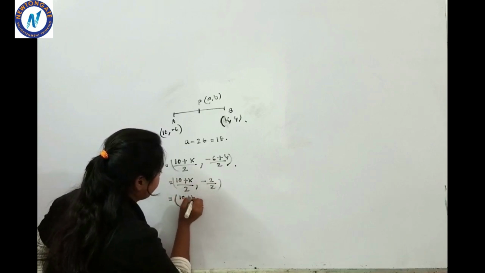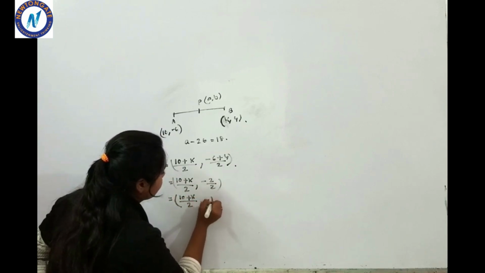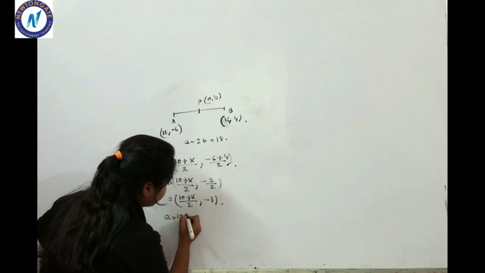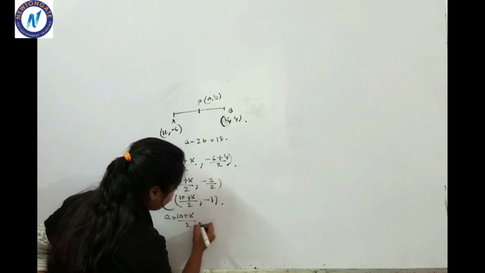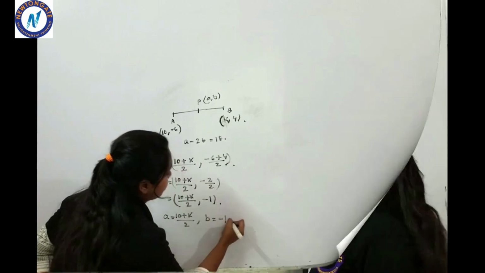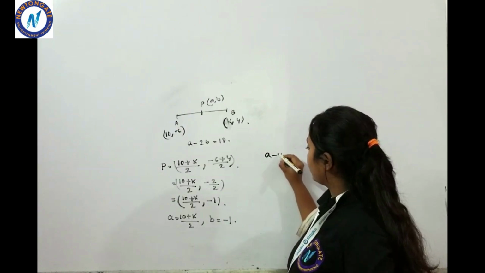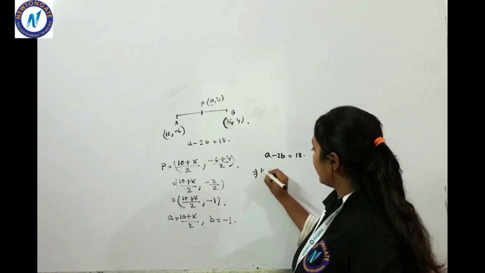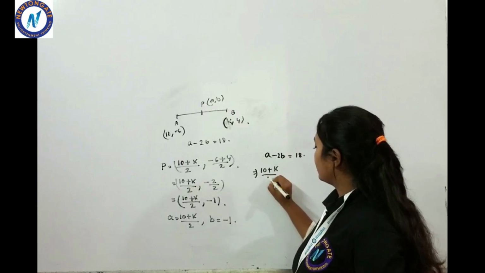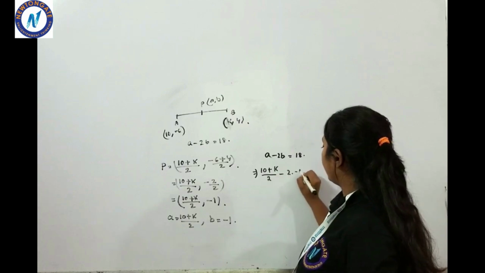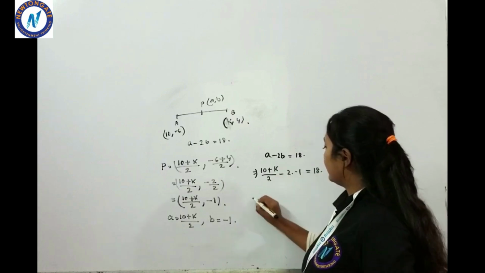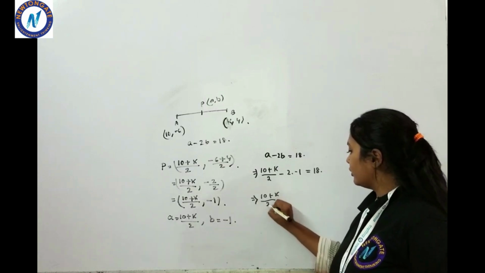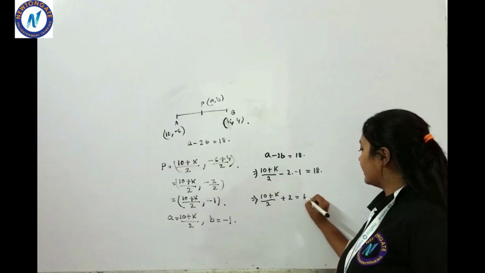So 10 plus k by 2, and minus 1. Then a equals 10 plus k by 2 and b equals minus 1. Now we put the values of a and b here. a minus 2b equals 18. a means 10 plus k by 2, and 2 into minus 1, that equals 18. That means 10 plus k by 2 plus 2 equals 18.